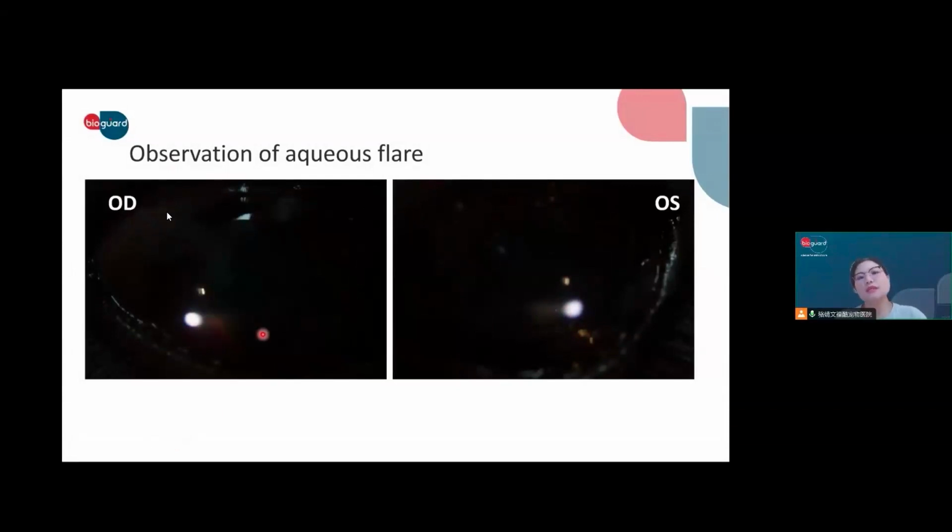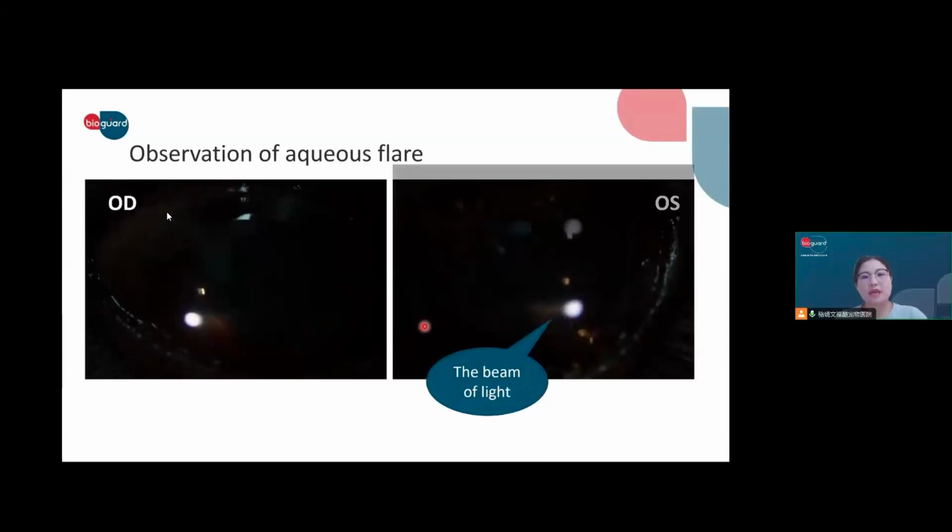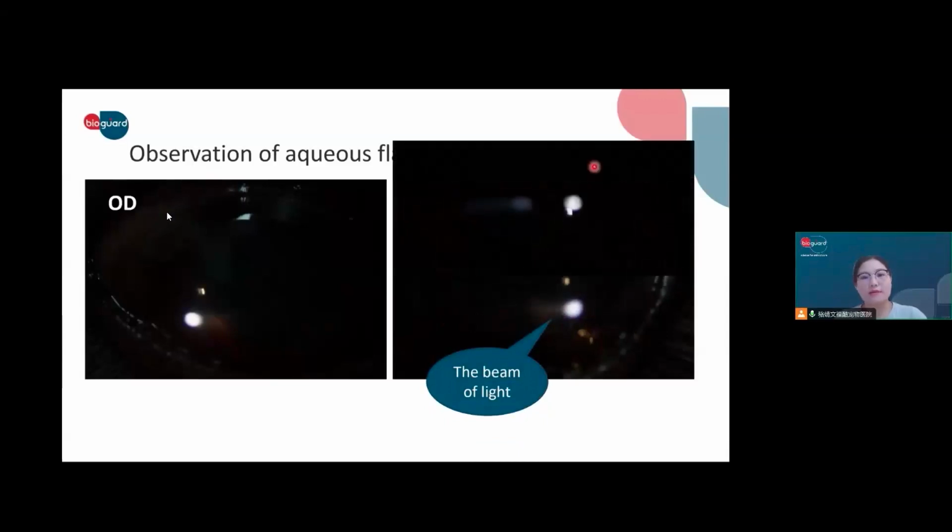Actually, the aqueous flare is a kind of Tyndall effect. A beam of light appears in the anterior chamber. Here, the beam of light should not be seen in a normal eye. This picture is from a normal eye.